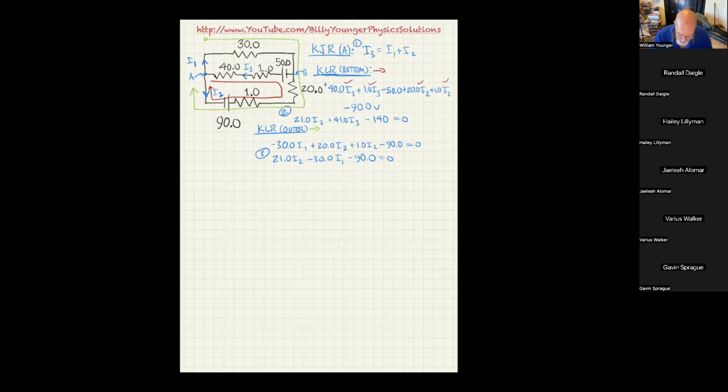So what that means is I can express current 1 in terms of I2, and I can express current I3 in terms of I2. If you can ever do that, if you have 2 of your equations and you can get one of the currents in terms of, let's say in this case, I2, and then the other equation also lets you get another current in terms of I2, then you can use that to plug in the junction rule, and you'll have nothing but I2s.